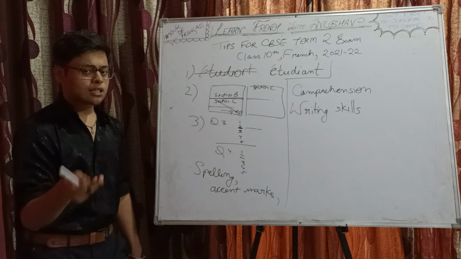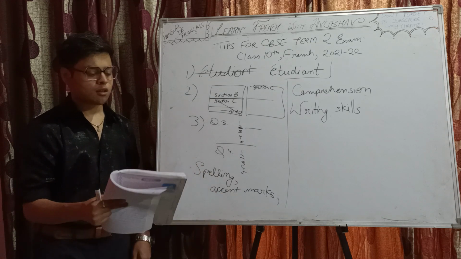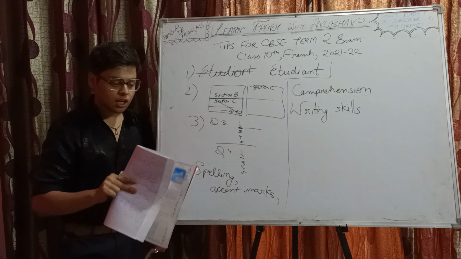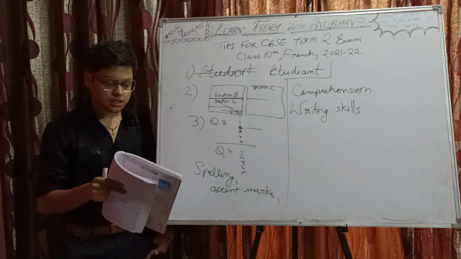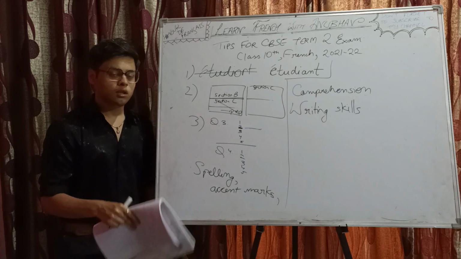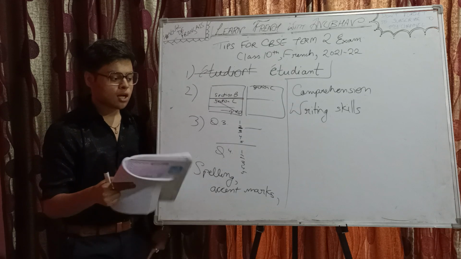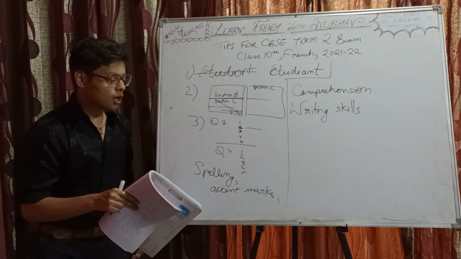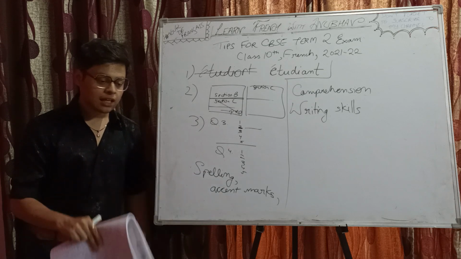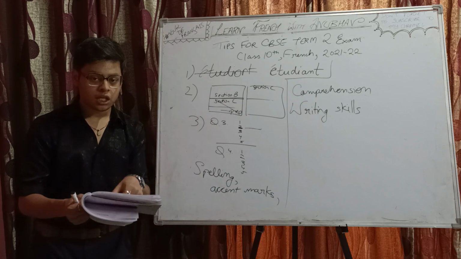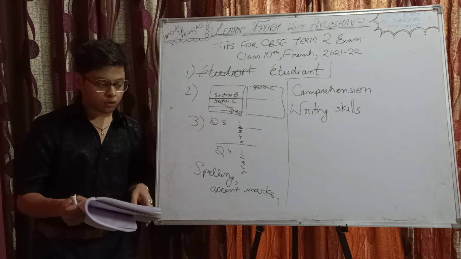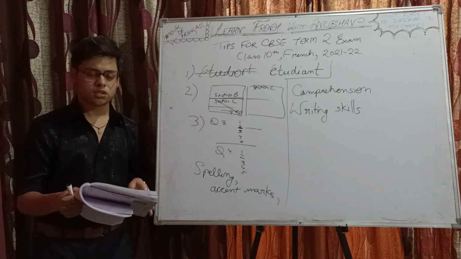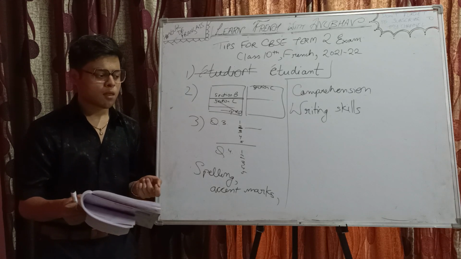Then XYZ. Don't write your actual name within the answer sheet. In the first place, there are a few places where you need to write your roll number, your name, and subject code, all that, right? But within the answer sheet, when you are attempting the questions, it is said not to put anything which reveals your personal identity.